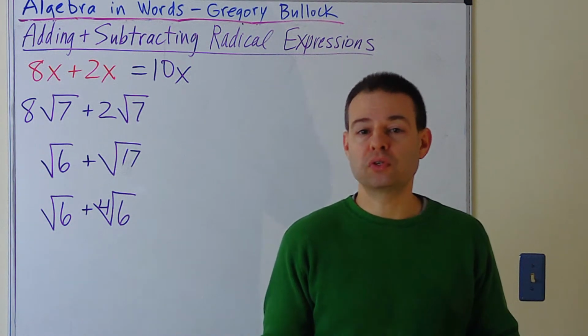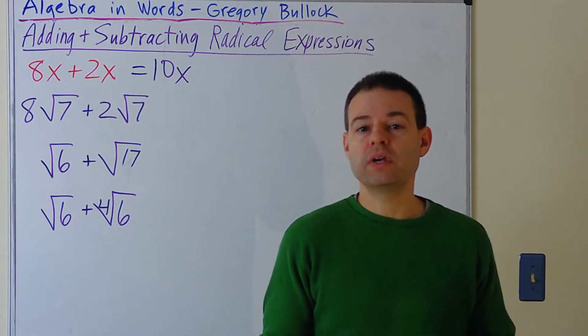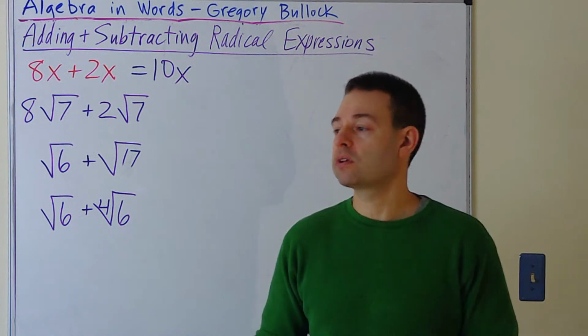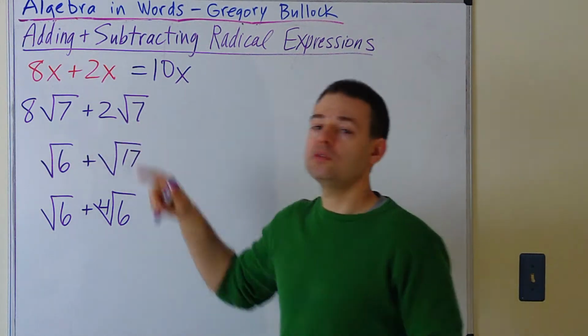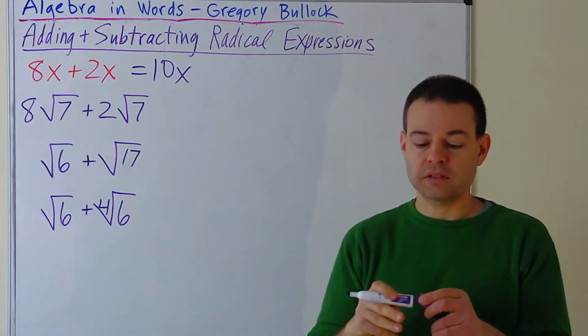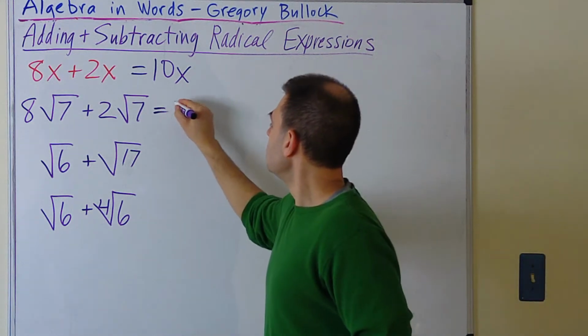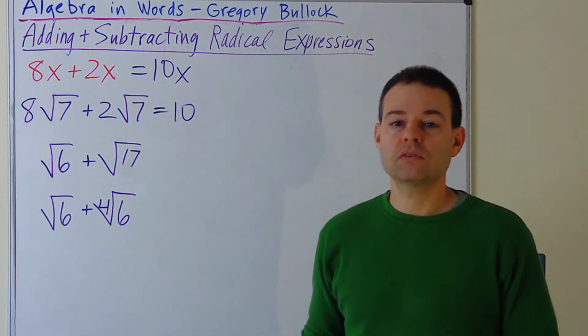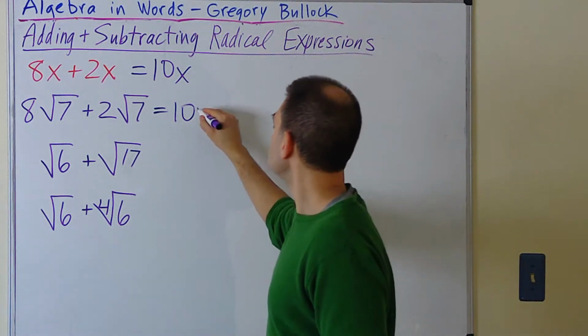They're both root 2, or we call them square roots. So since they're like radicals, we can combine them by combining their coefficients. 8 plus 2, just like the example above, is 10. And we leave the like radical attached: 10 square root of 7.